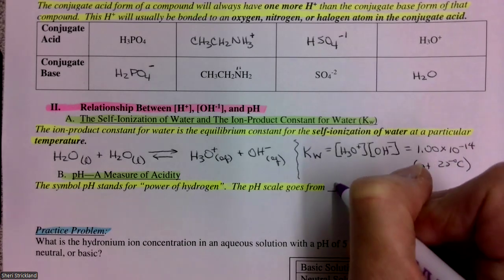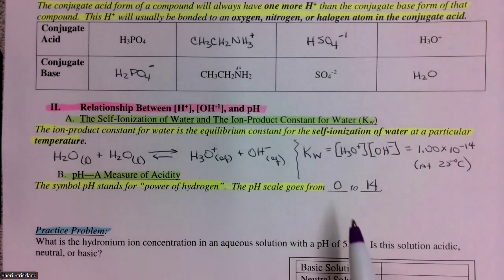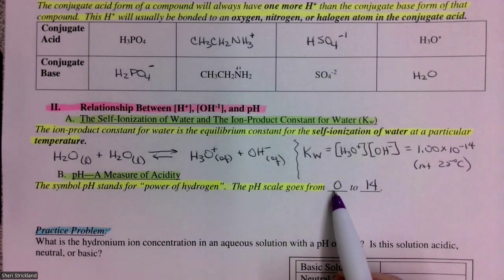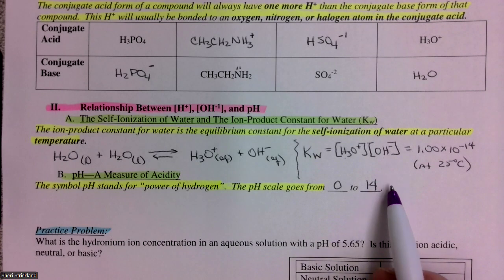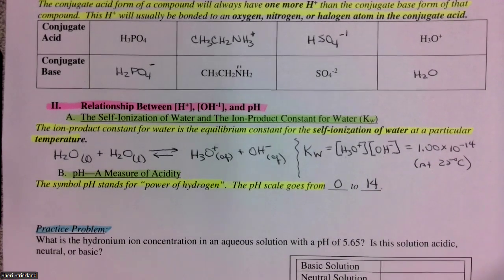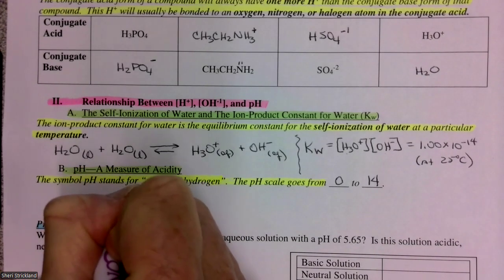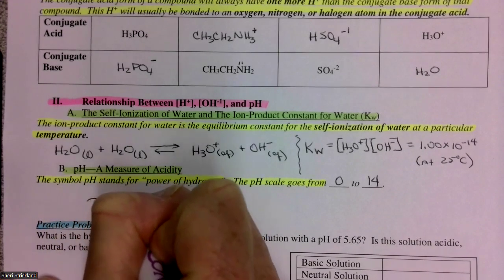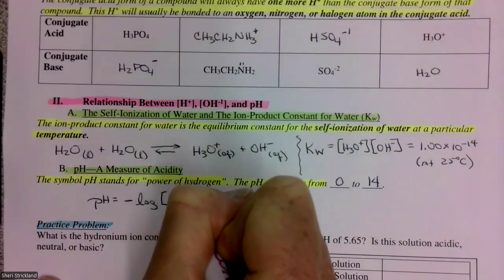Generally, the pH scale goes from 0 to 14, although I have seen solutions that had a negative pH, and I guess theoretically you could go a smidgen above 14, but in practice, mostly it's between 0 and 14. And pH is calculated as the negative base 10 log of the hydronium ion concentration.